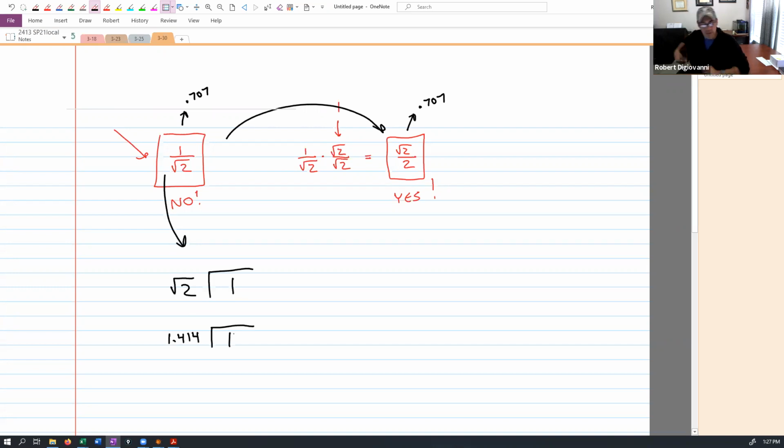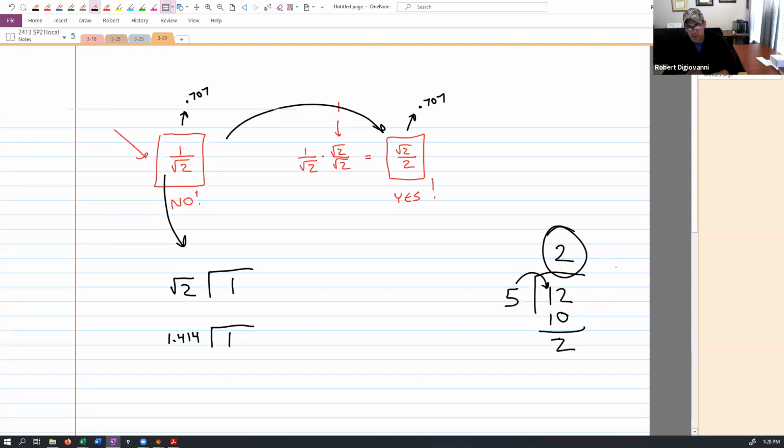And now you're doing this division. 1 divided by 1.414. This is not easy to do. Because think about the way division works, right? If I have 12 out here and 5, I say, how many times does 5 go into 12? Well, that goes in twice. Then you have 10, then you subtract, you get 2. And remember, like old school division, you're trying to figure out how many times does 5 go into 12?